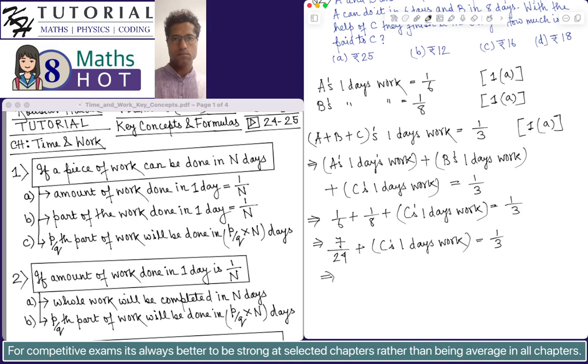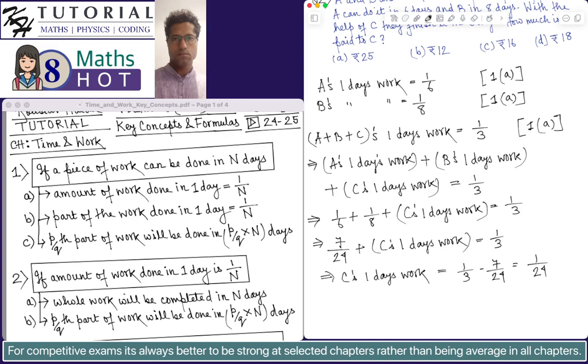So C's 1 day's work is equal to 1 by 3 minus 7 by 24. This is equal to 1 by 24. So C's 1 day's work is 1 by 24.